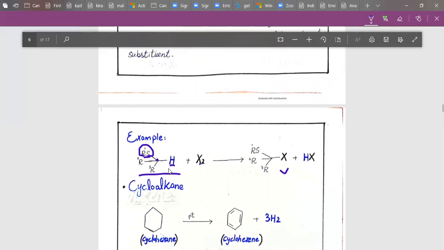So this alpha hydrogen is removed, and X replaces the hydrogen atom, and then we get a CX bond. These points show the carbon and this shows the halogen.